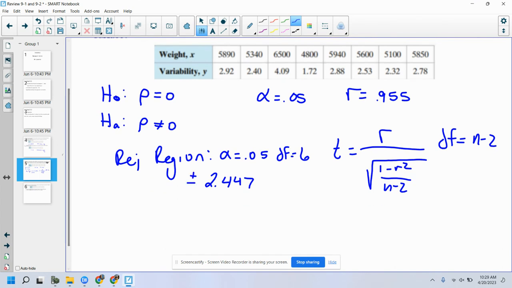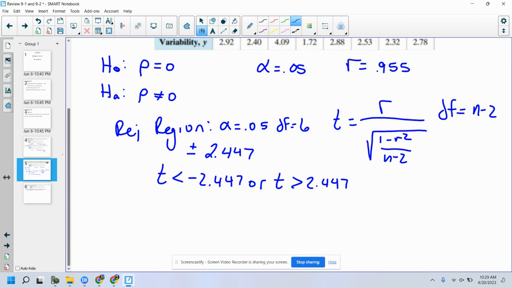So really this is a plus or minus. I can say if t comes out less than negative 2.447, or greater than positive 2.447, then I can reject my null. Those are my two options.